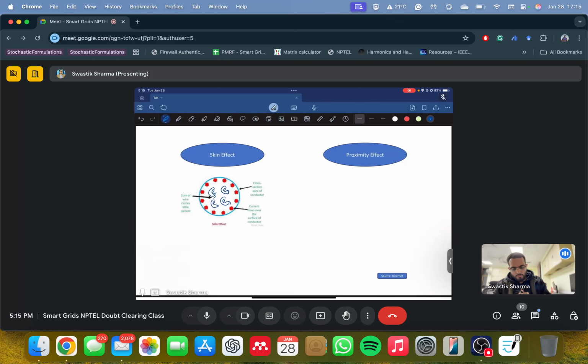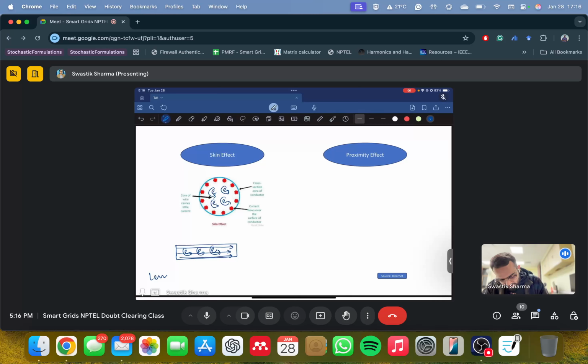So let's say this is the current in the conductor, and when current flows, it creates a magnetic field surrounding it. Now this magnetic field creates eddy currents, which oppose the very nature of the current that produces them.